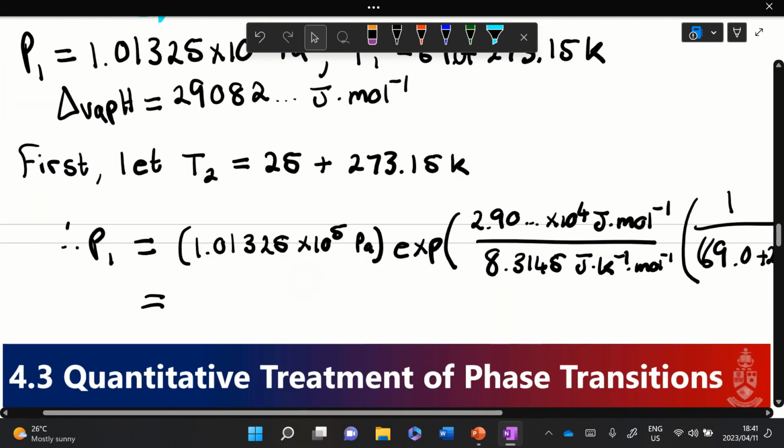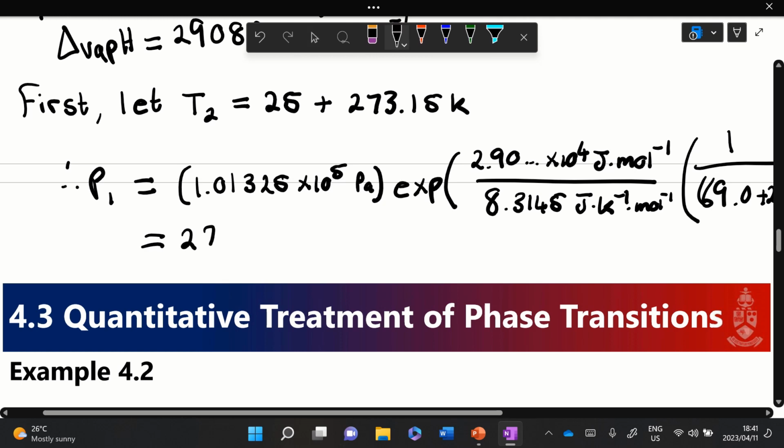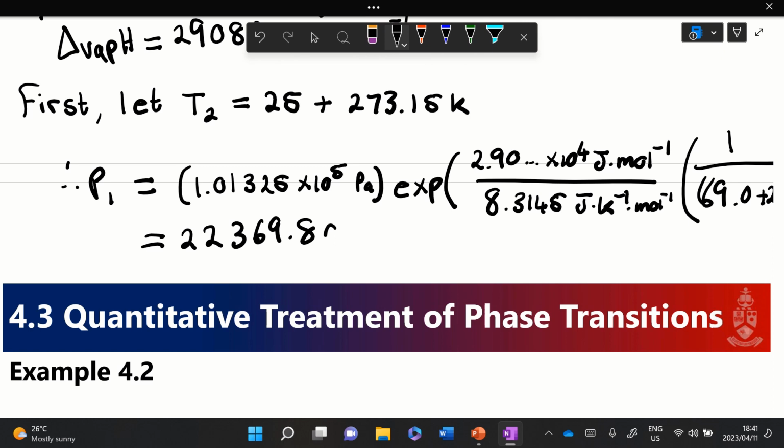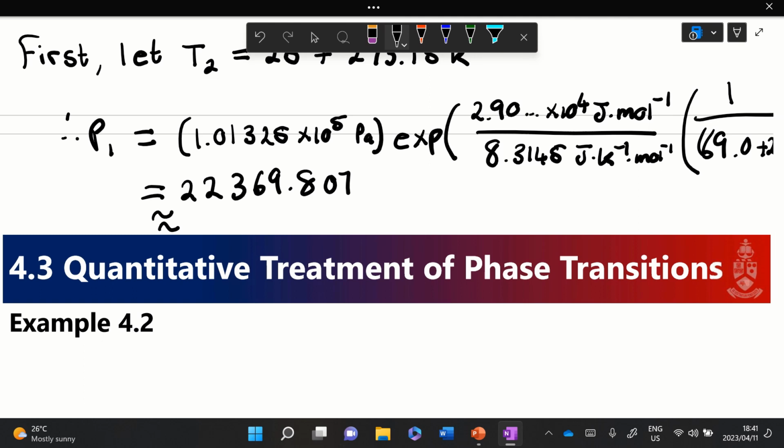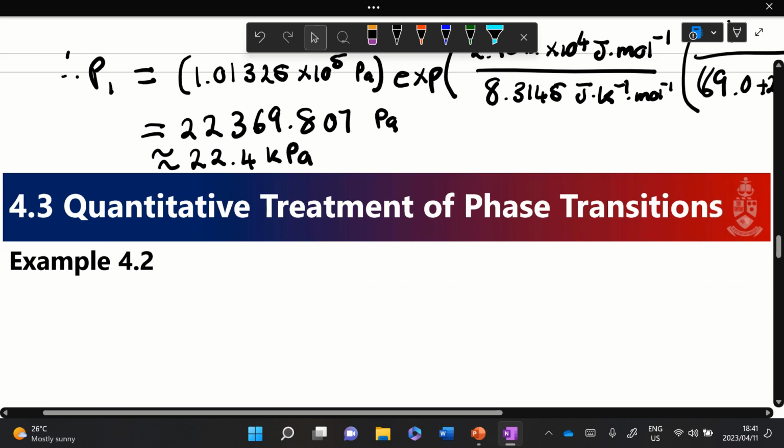Okay, then you get a value of 22369.807, which then of course rounds off to 3 significant figures. My apologies for the little mistake earlier, which is then 22.4 kilopascals, because this is just Pascal. See, because of this one there at the front, it's just Pascal, as in 22.4 kilopascals.